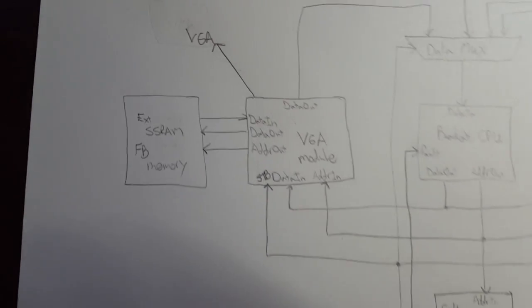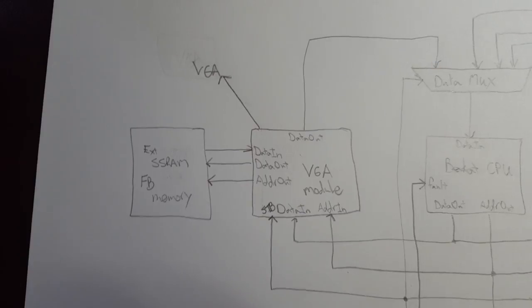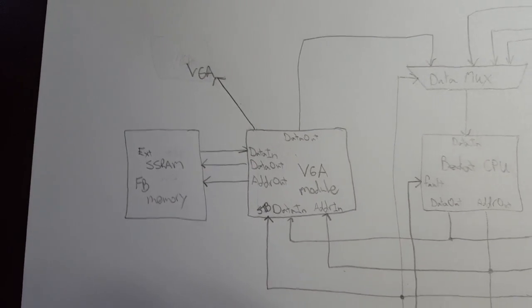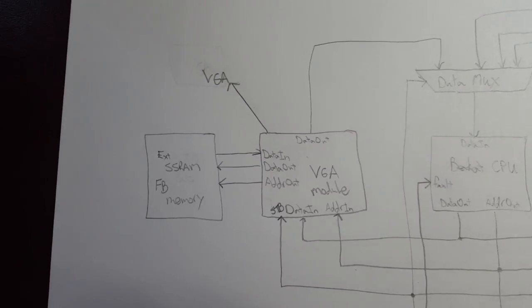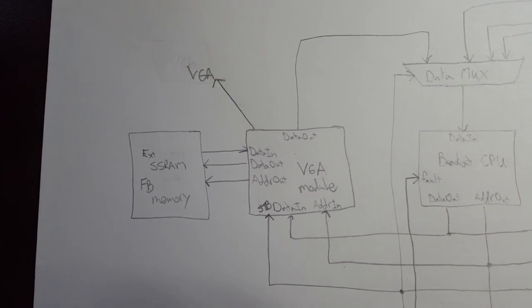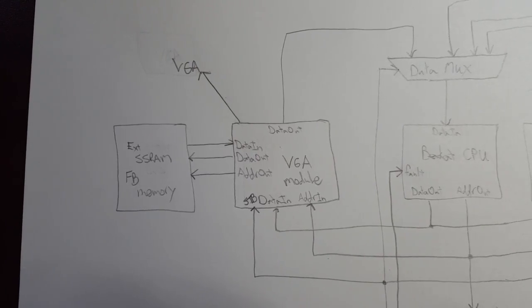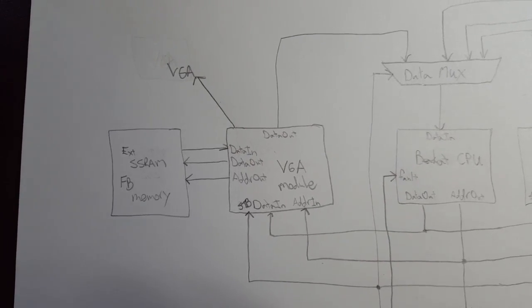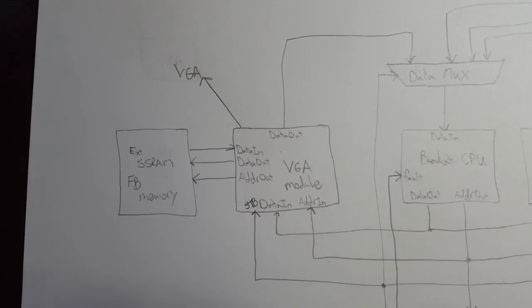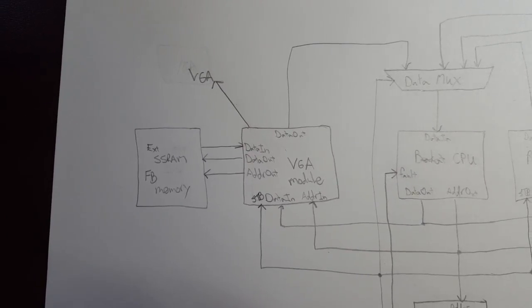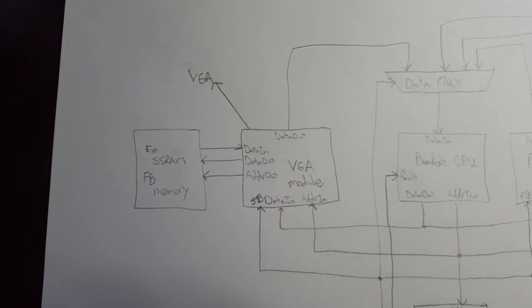Starting over on the VGA module, we've actually got the VGA signals themselves, but what makes this a little interesting is I've decided to put the video RAM, the frame buffer effectively, using a separate SRAM bus that this piece of hardware supports.